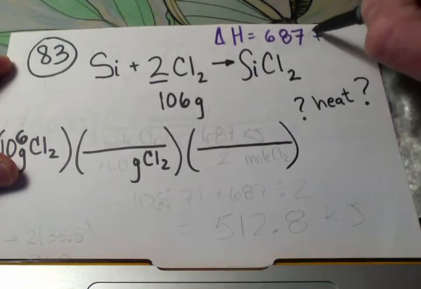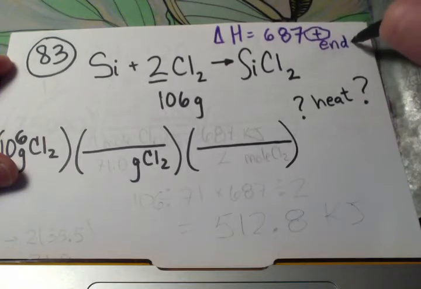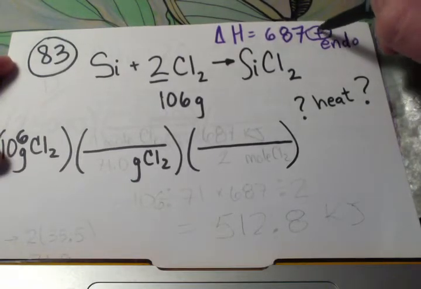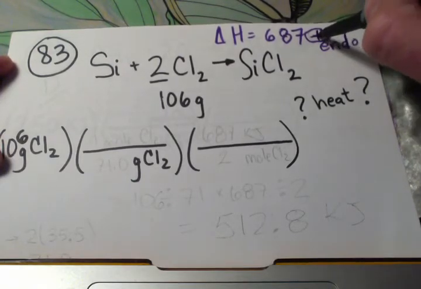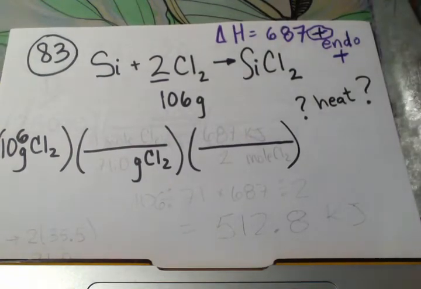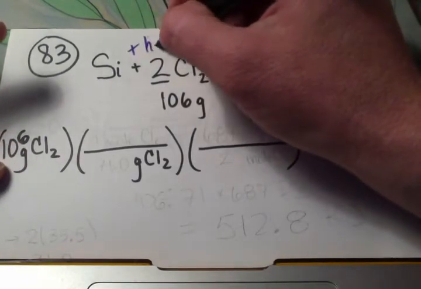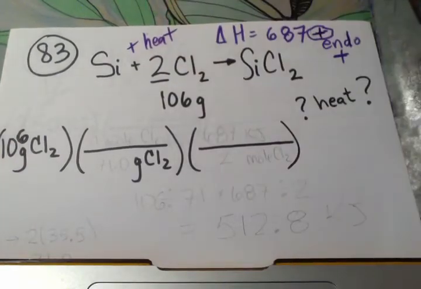We talk about energy changes as being endo or exothermic in this class. Positives, putting heat in, so positive delta H's are endothermic. So that means you're adding it. You could think of the energy, the heat, as a reactant over here.